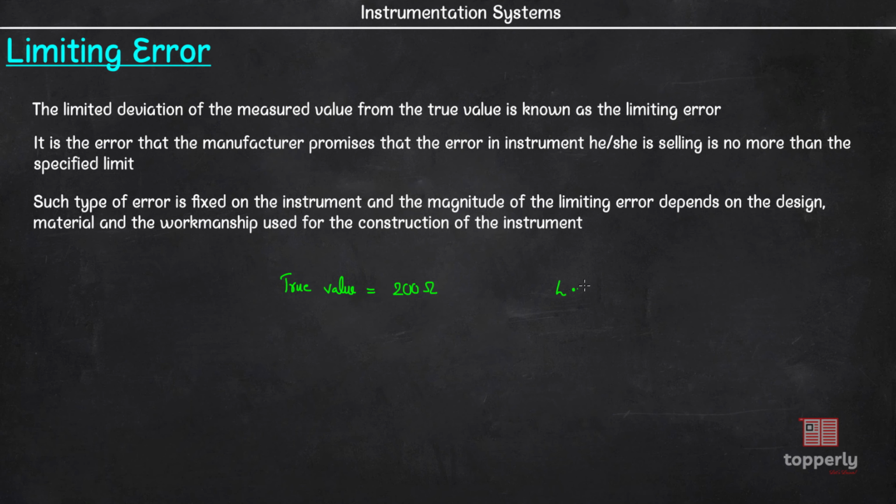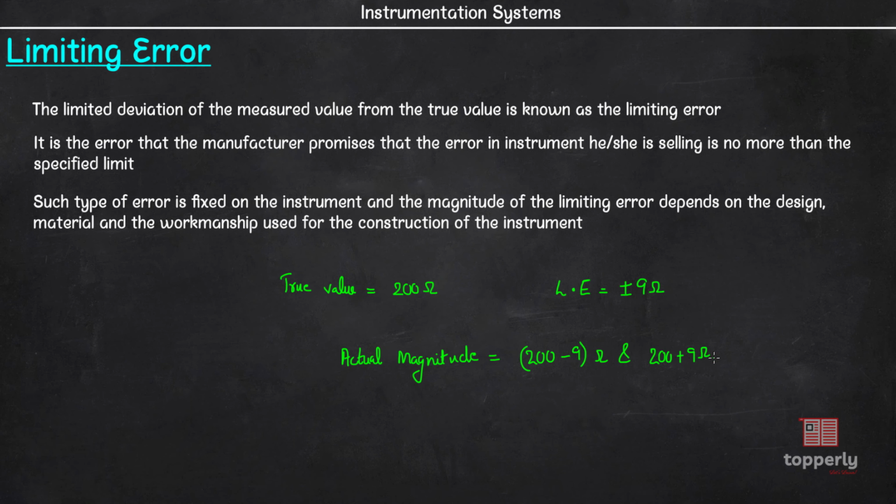Then, the actual magnitude of resistance will be between 200 minus 9 ohm and 200 plus 9 ohm.